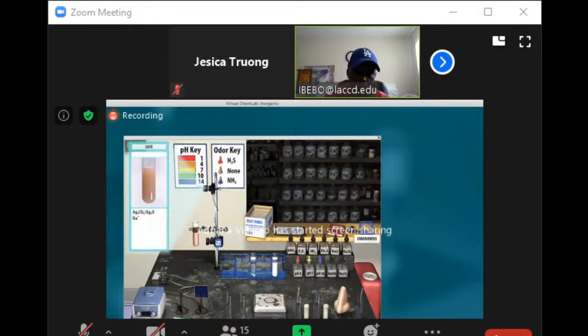You see where it says Na sub 2 CO3. Oh, okay. Yes. When you go there with your cursor, it will show something like a syringe. You click on it and it will add it to the test tube that is on the TV screen.